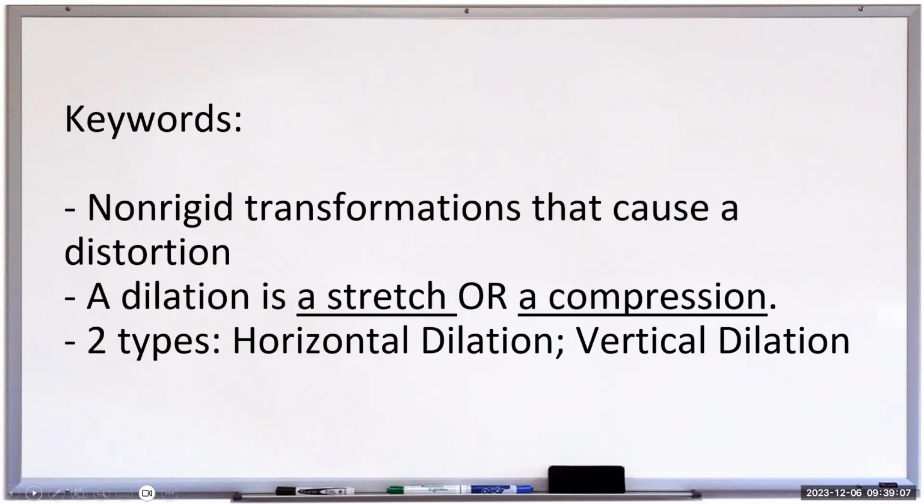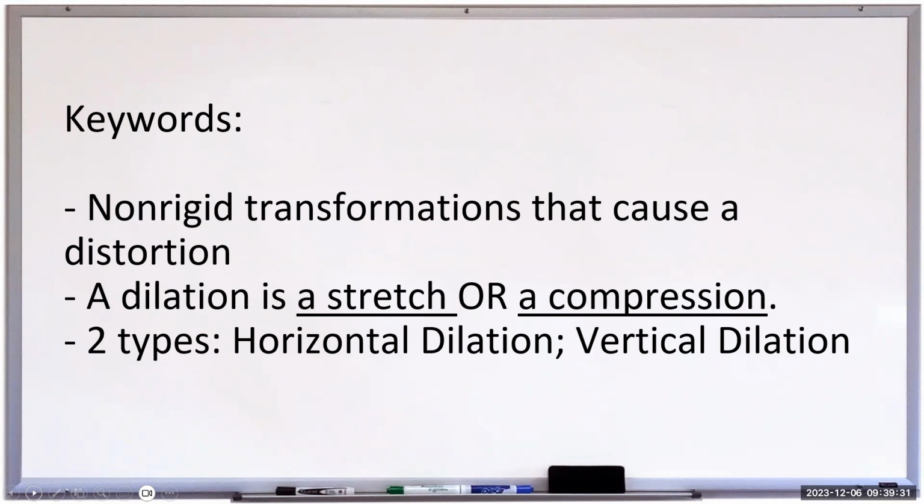So when we say dilations, it is a form of a non-rigid transformation, meaning the graph of our functions are distorted. A dilation can be classified as either a stretch or a compression. And here there are two types of dilations. It can be horizontal dilation or vertical dilation.